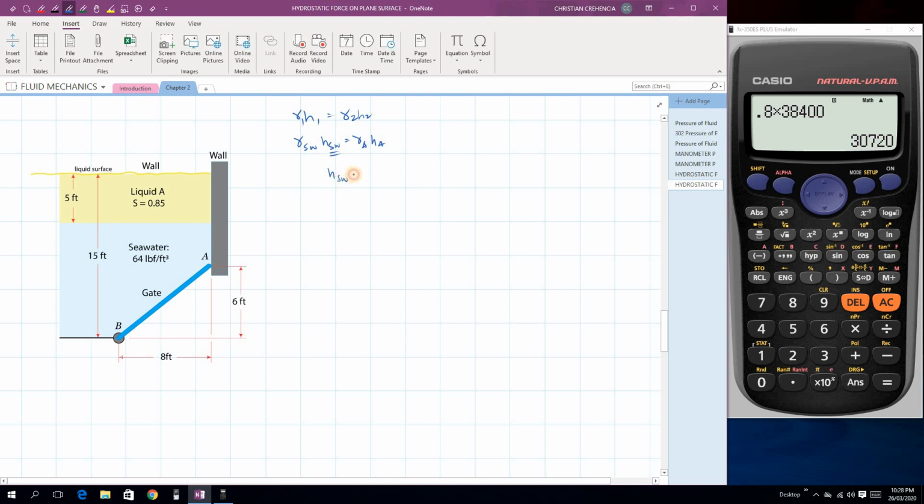So H ng seawater is equal to, so yung standard na unit weight ng water natin is 62.4 pound force per cubic foot. Okay, so we have 0.85 ng unit weight ng water, standard 62.4 pound force per cubic feet, times nung height nung oil, nung liquid A, which is 5 feet.